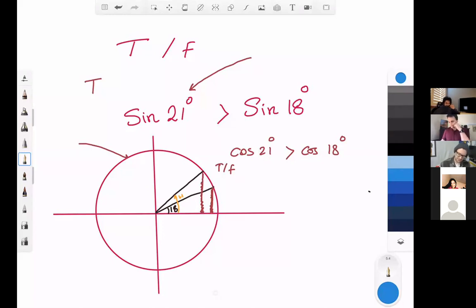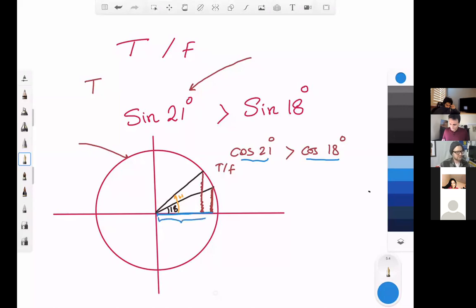Very interesting. There's nothing wrong with that. You shouldn't memorize 21, you shouldn't know it because it's not on the unit circle. What Elizabeth did was find the cosine of 21, store it, and find the cosine of 18, another decimal, and compare them. But when you see it on the unit circle, this is 18. Cosine is the value of x, correct?